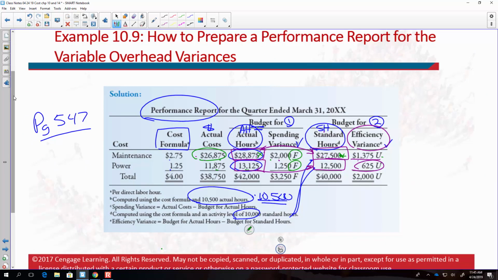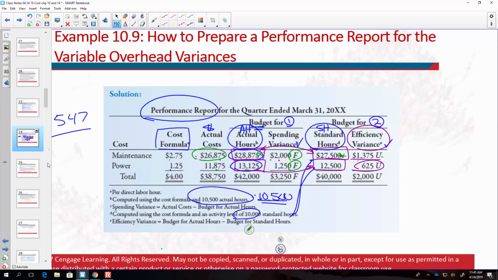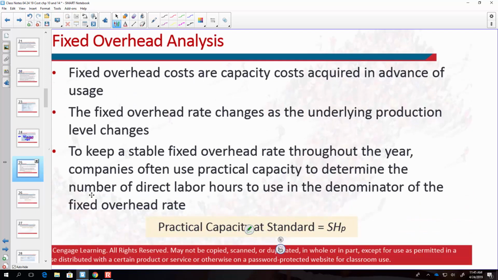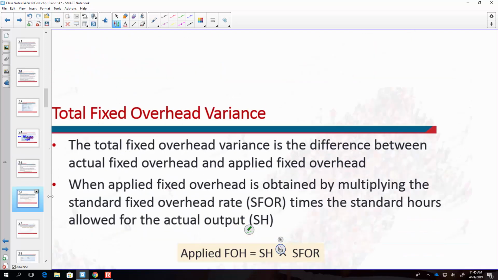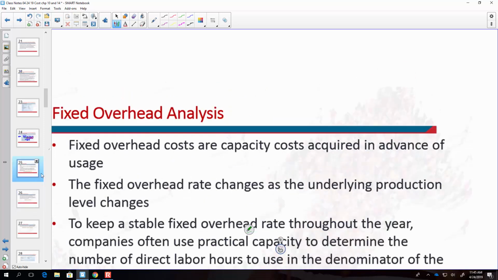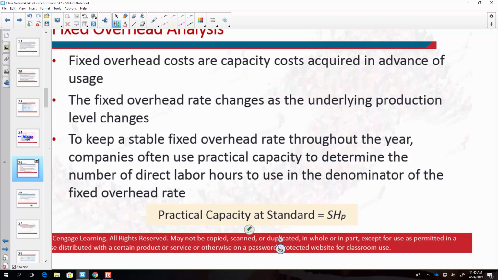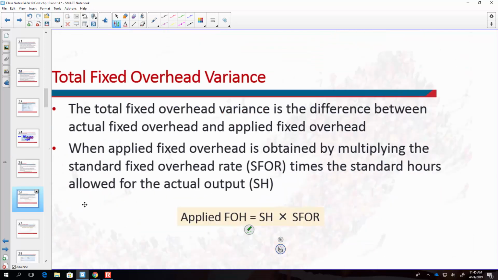The other discussion is on fixed overhead, both spending and efficiency, and obviously who's responsible for that. I'm just trying to get to the slide.